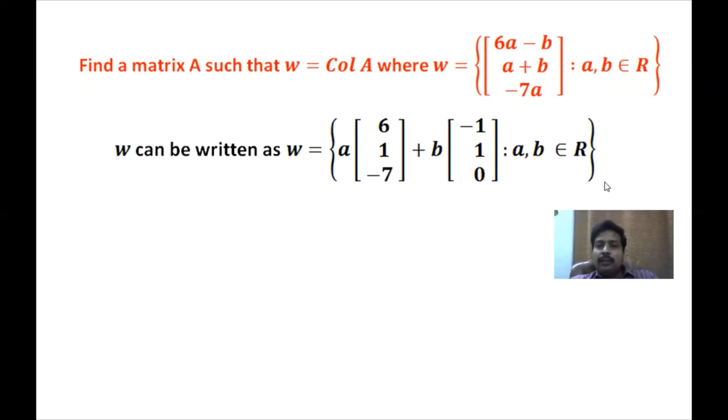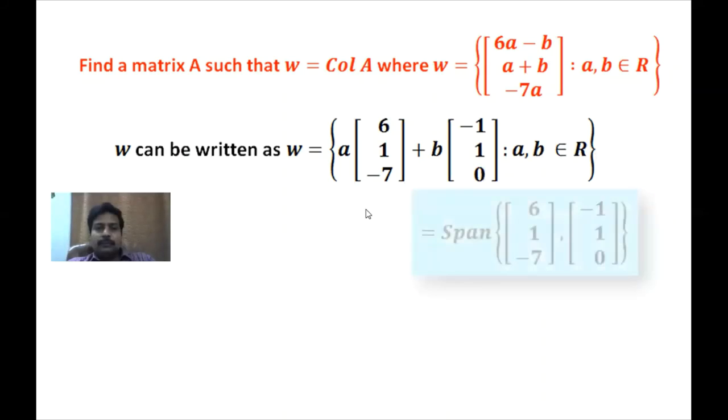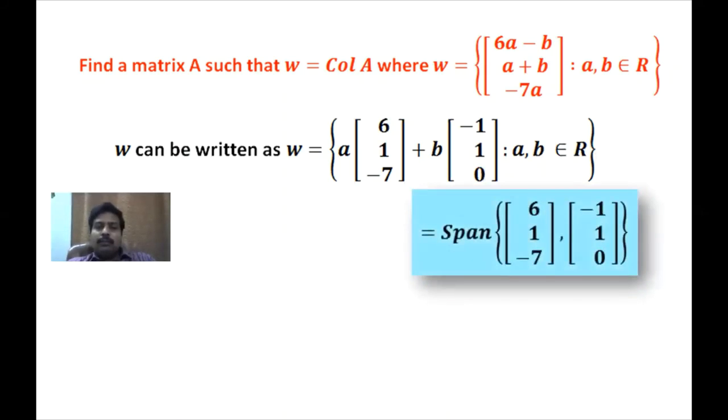So the given set W can be rearranged in the written lines. So this is equal to the span of these two vectors, (6, 1, minus 7) and (minus 1, 1, 0). Span of these two vectors is nothing but this set. So now W is equal to the span of these two vectors.